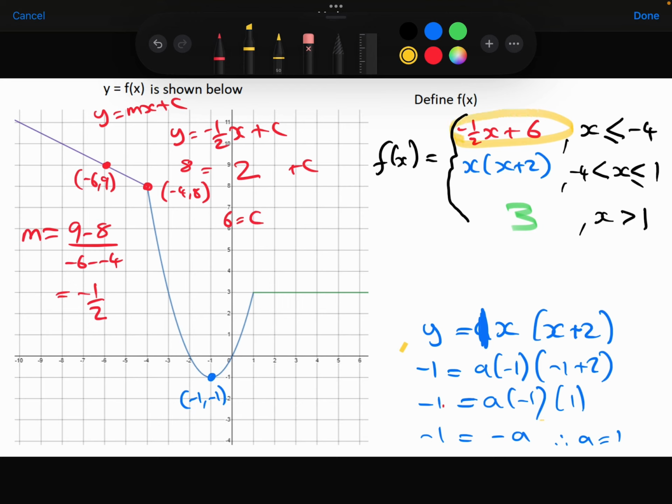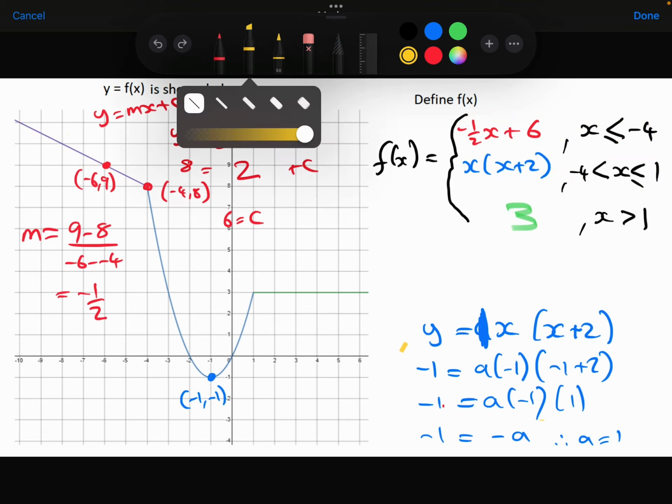It's equal to minus 1/2 x plus 6 if x is less than or equal to minus 4, because I decided to include the minus 4 as part of that. It's equal to the quadratic, x times x plus 2, if x has values between minus 4 and 1. Or it's equal to 3 if x is greater than 1.